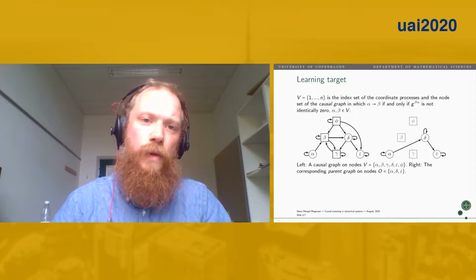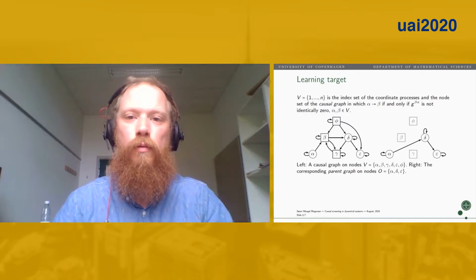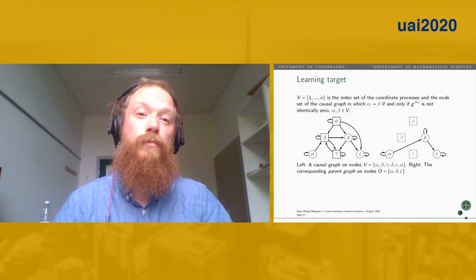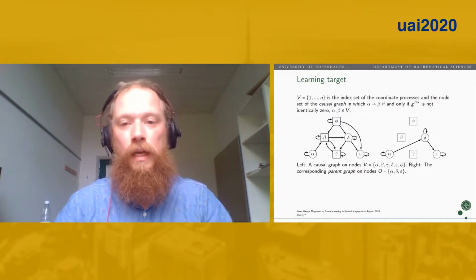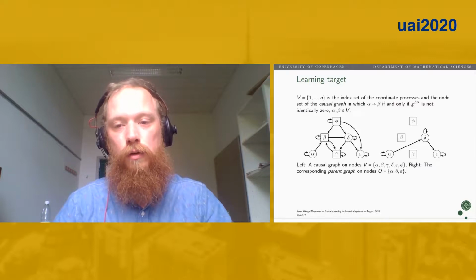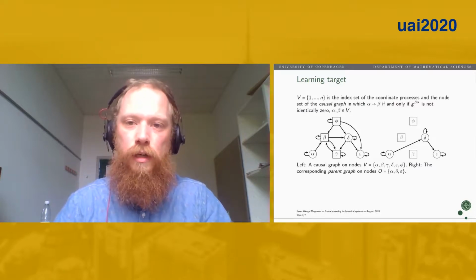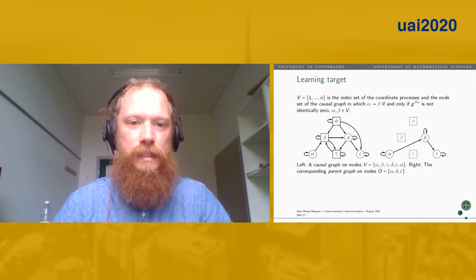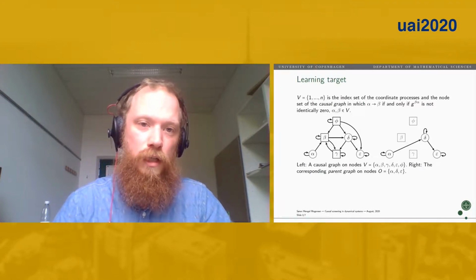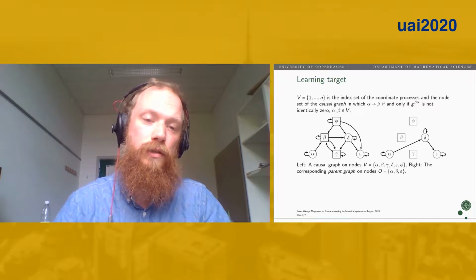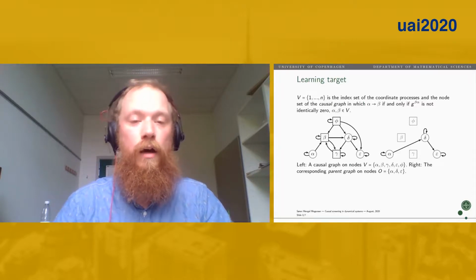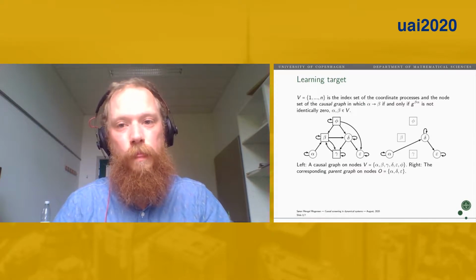So let's say this is now my causal graph, and we want to describe what we want our algorithm to output. What we want to output we call the parent graph. And this is what I have over here. Now we're in an example where the true underlying network has 6 coordinate processes, but beta, gamma, and phi are unobserved.